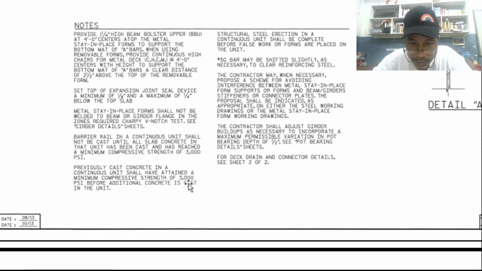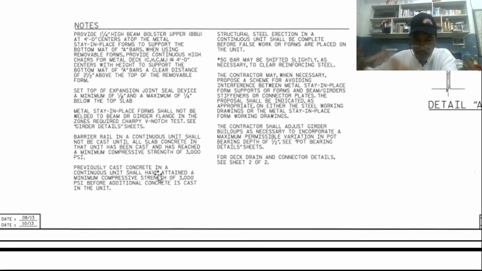Wait, you have to wait. And how long do you have to wait? You have to test it. That's why the project in charge would make several cylindrical test specimens. Not only 3.